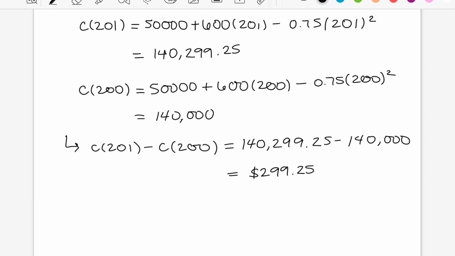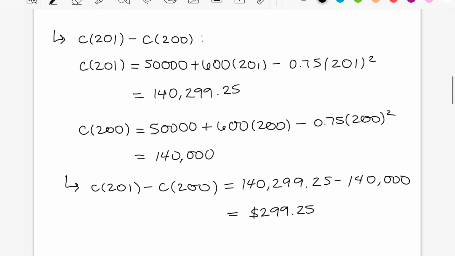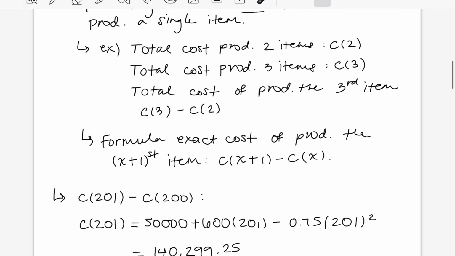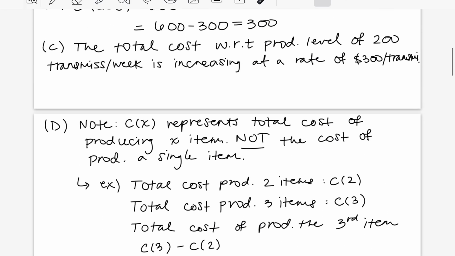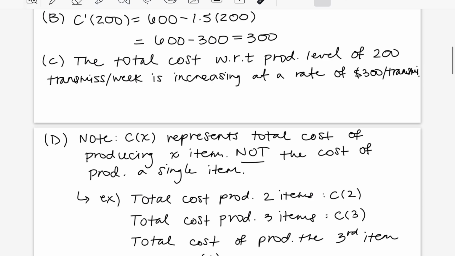All right, and if you notice, this is pretty close to the cost that we got at a production level of 200 transmissions per week. We got that this cost would be increasing at a rate of $300 per transmission.